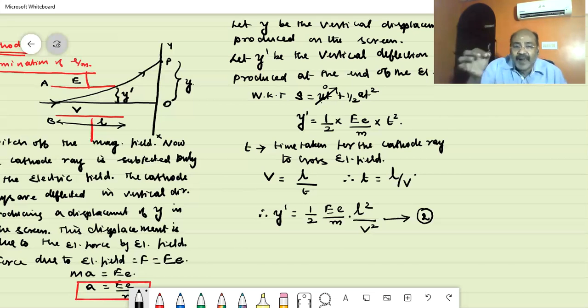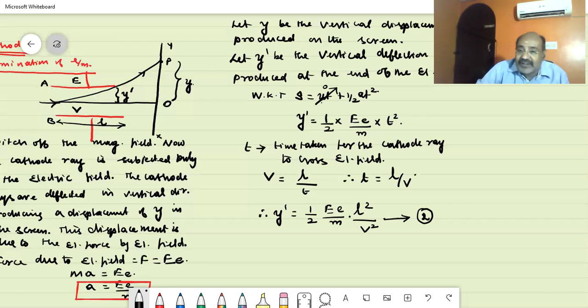What is y dash? The amount of deflection produced at the end of the electrical field, which is inside the discharge tube. We can't go and measure the value of y dash inside the discharge tube. So we have to relate the vertical displacement produced on the fluorescent screen and the vertical displacement produced at the end of the electrical field.